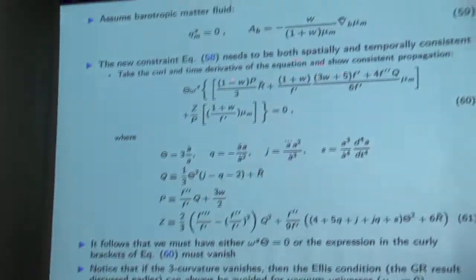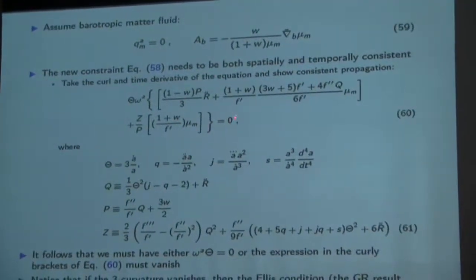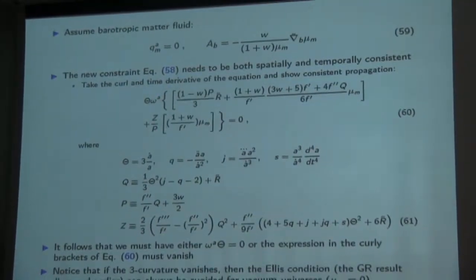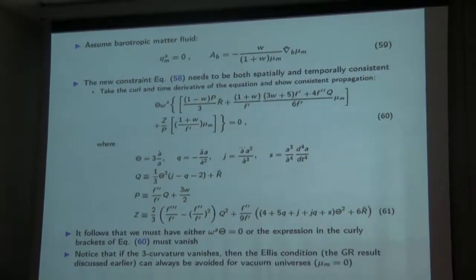So to check for consistency, both spatially and temporally, we take the curl of that constraint equation here and propagate that quantity that we find by taking the curl. And the result gives us this kind of relationship between the expansion and the vorticity terms.